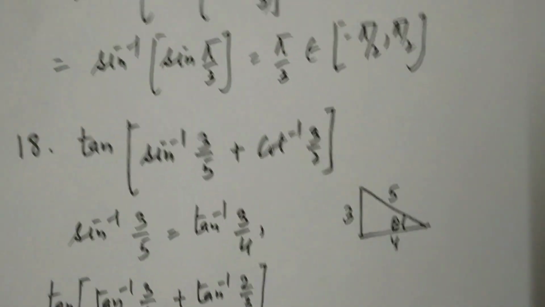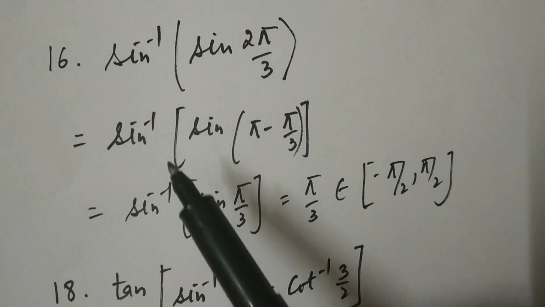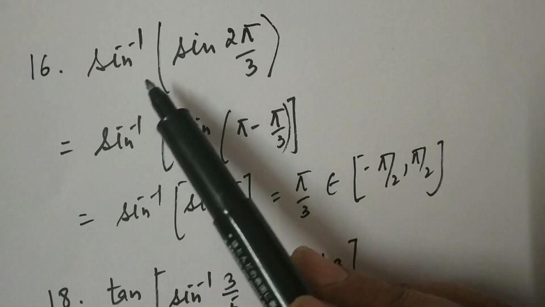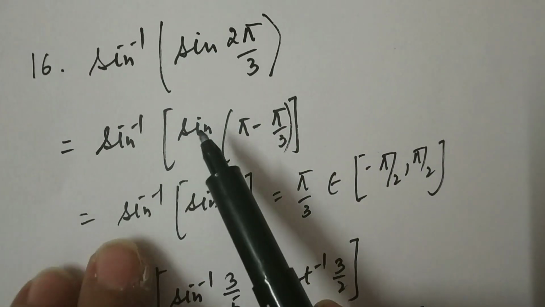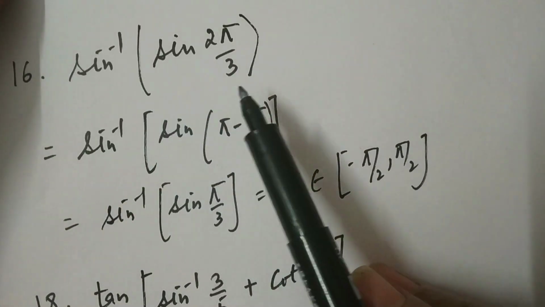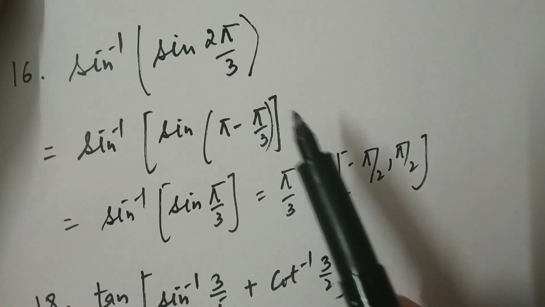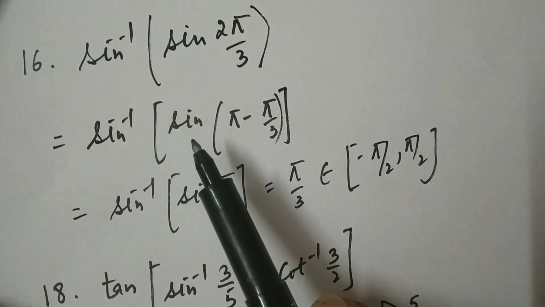Now I take up question number 16. It's quite a different question: find the value of sine inverse of sine 2 pi by 3. Since I know the range of sine inverse is from minus pi by 2 to plus pi by 2, closed interval, I need to be very careful while solving this question.